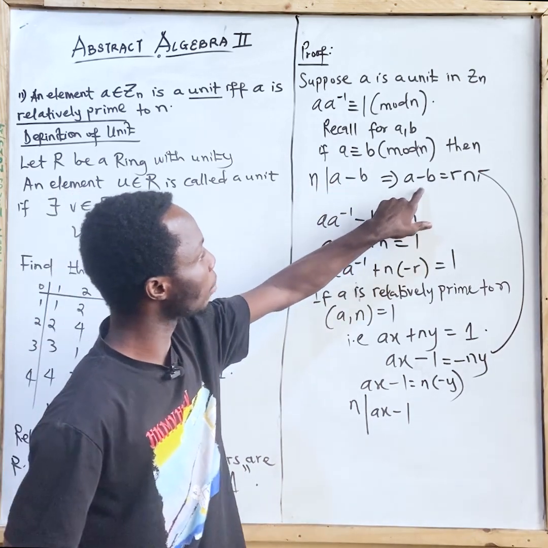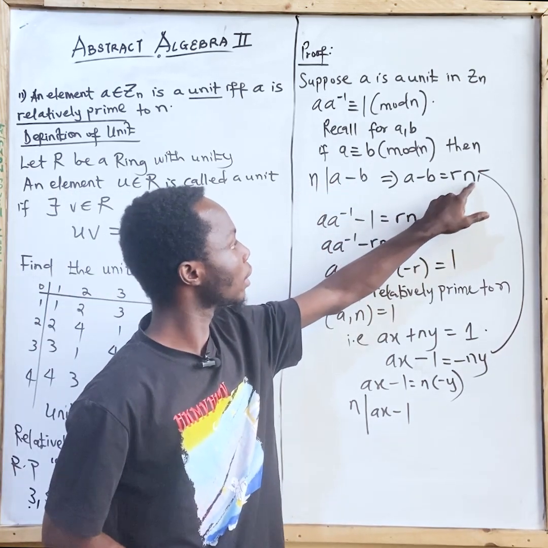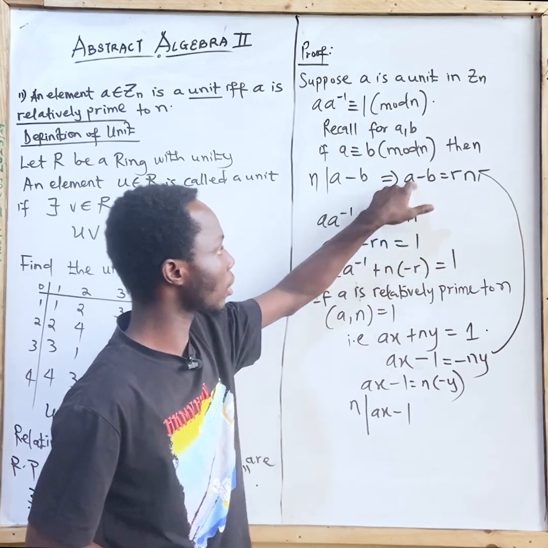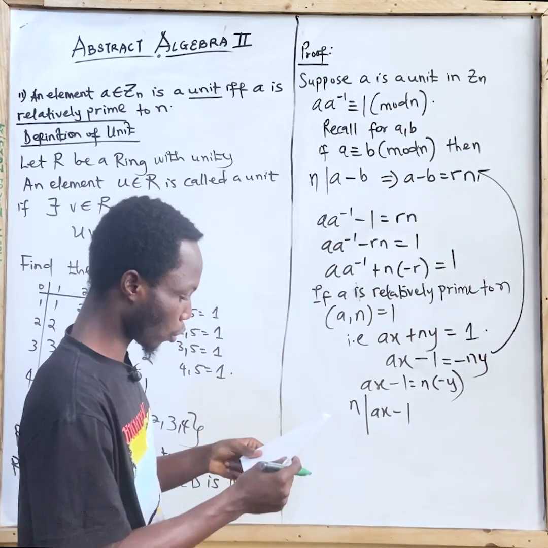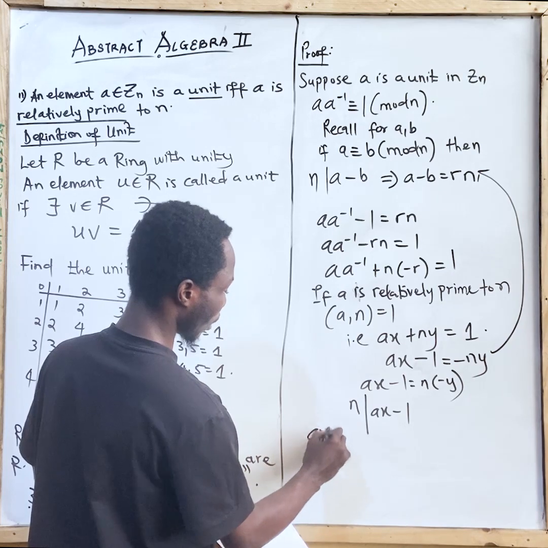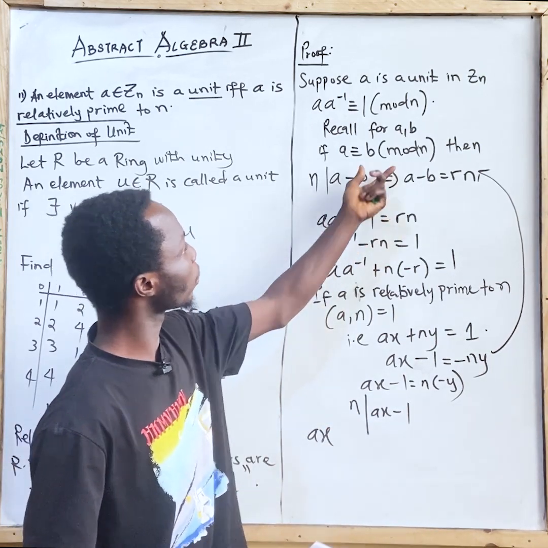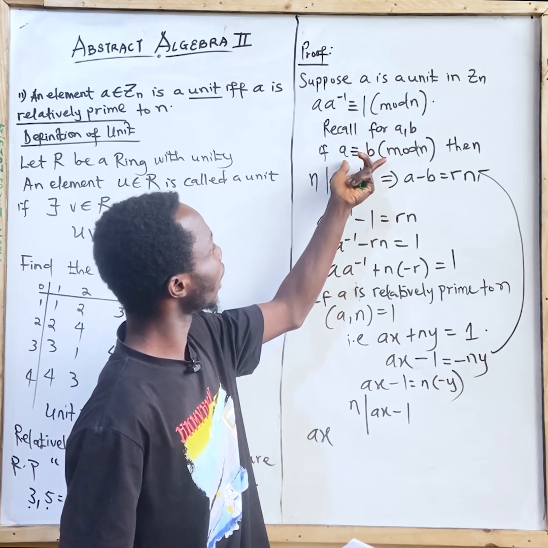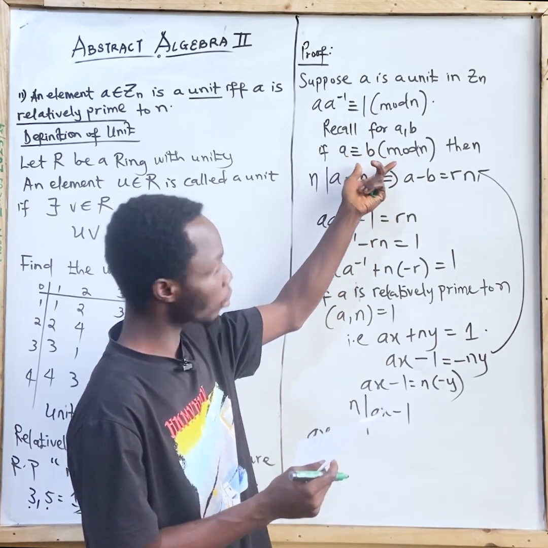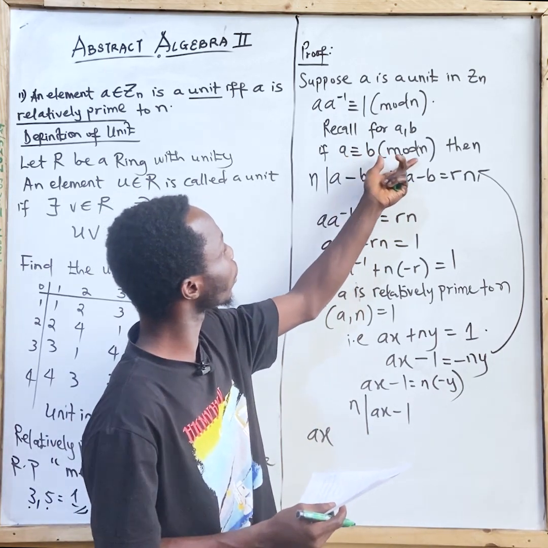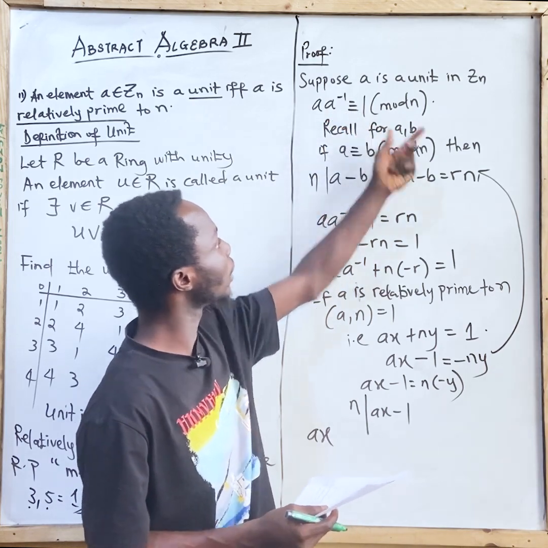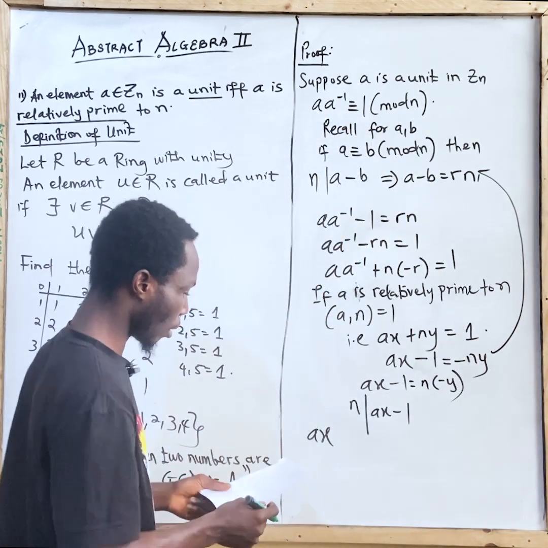So if A minus B equals R times N, then N divides A minus B. And if N divides A minus B, it means A is congruent to B. And if A is congruent to B, then the greatest common divisor between them is just 1.